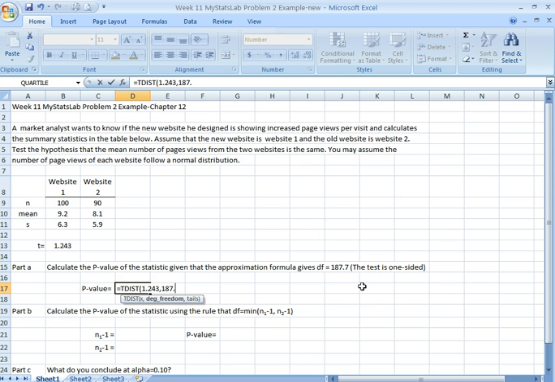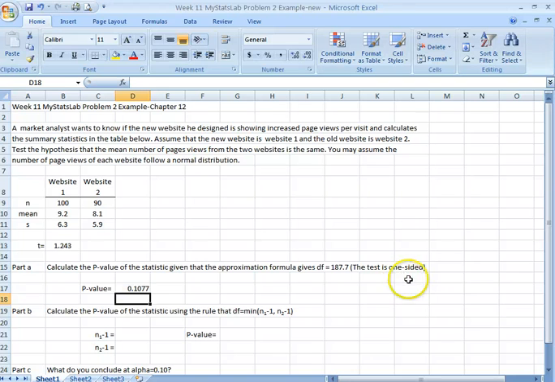Let's make that one tail, close the parentheses, hit enter, and there we have it, our p-value at 0.1077. On to part B.